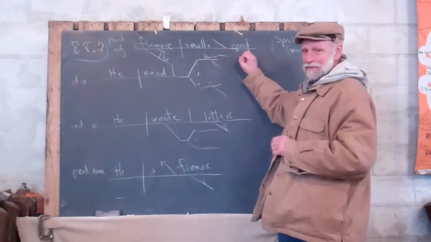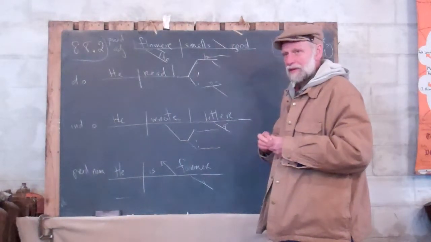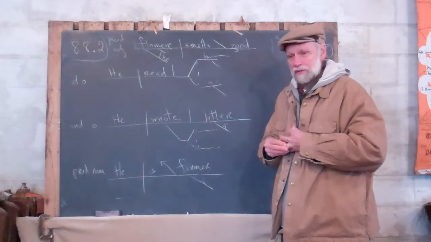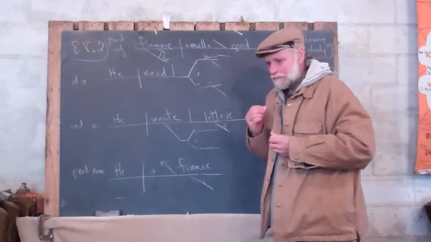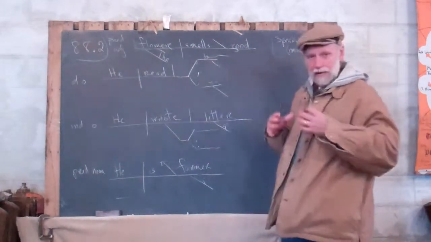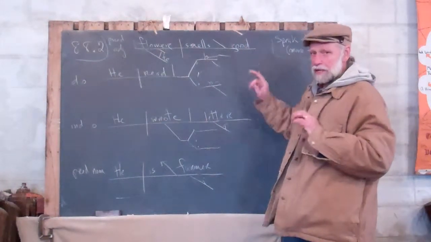Now, see, if you said, well, doesn't that say how it smells? Well, if it answered the word how, it would be an adverb, and you could say the flower smells well, which doesn't really work.